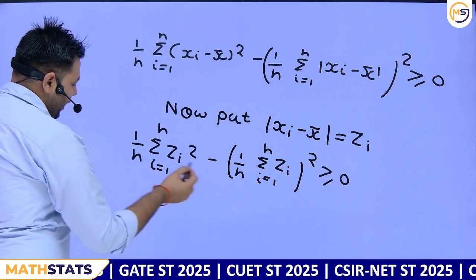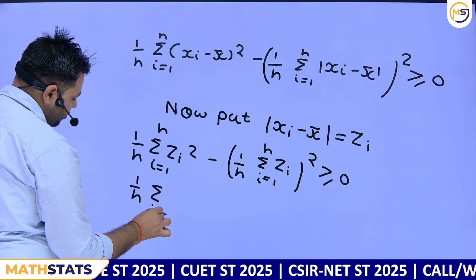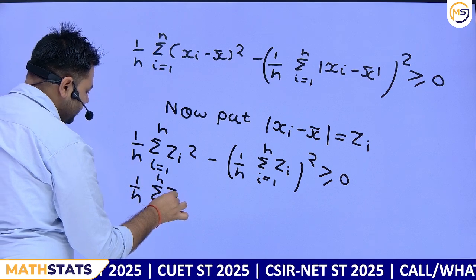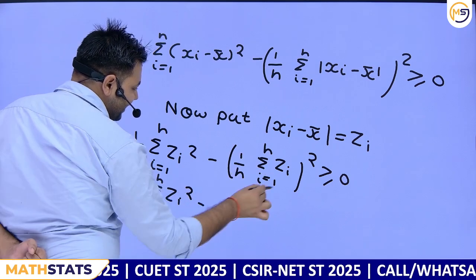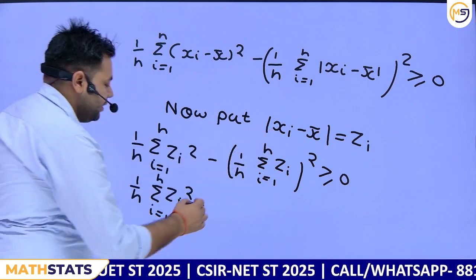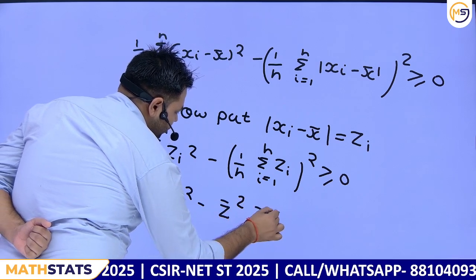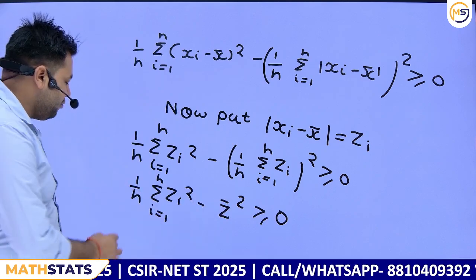Okay, so what is this? This is equal to 1 upon n summation i equal to 1 to n zi square minus z bar square. Okay, this is the mean of z, so this is z bar square, greater than or equal to 0. So what is this formula?